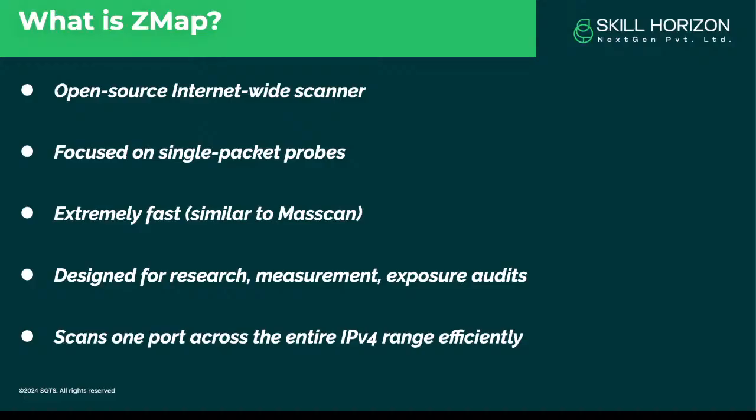So Zmap scans one port at a time, but at massive scale. It is extremely fast and lightweight, designed for exposure discovery, used in cloud audits, external scanning, or academic research. Unlike Nmap, which does deep enumeration, Zmap is built for speed and visibility. So that's why Zmap is widely used in the industry.